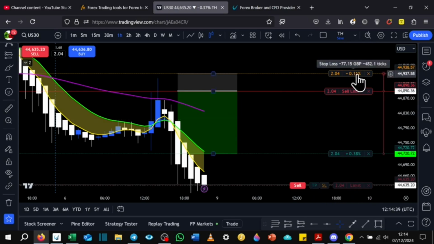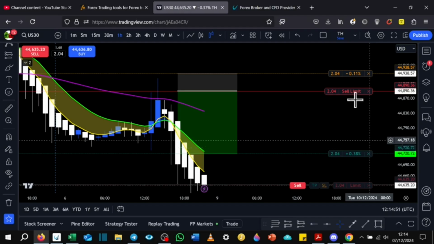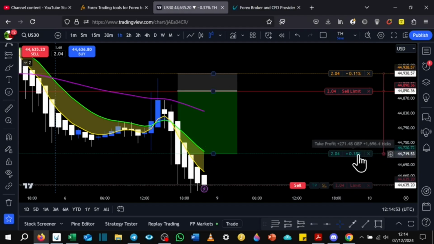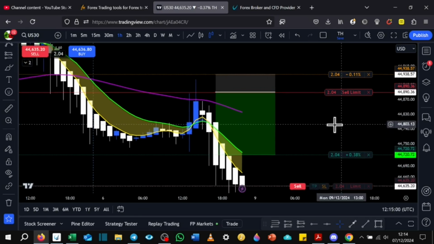So don't just ignore this. It is still 1% you're risking of the account, and the percentage gain, whatever you've placed in your trade, is going to be whatever it was. So just ignore this and just ignore this. For some reason, TradingView calculates it slightly different, right?